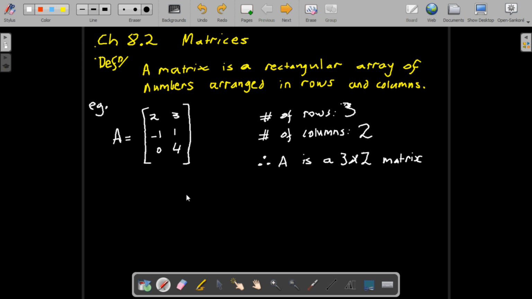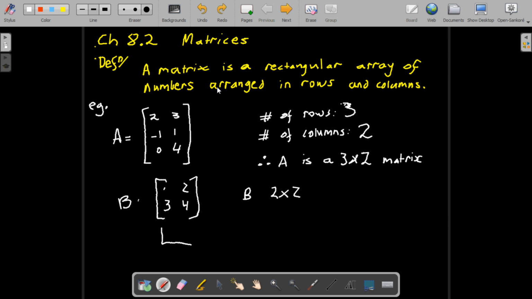So 3 by 2. Another quick example, if we had 1, 2, 3, 4, this matrix would be B, for example. So B would be a 2 by 2, because it's got 2 rows, 2 columns.